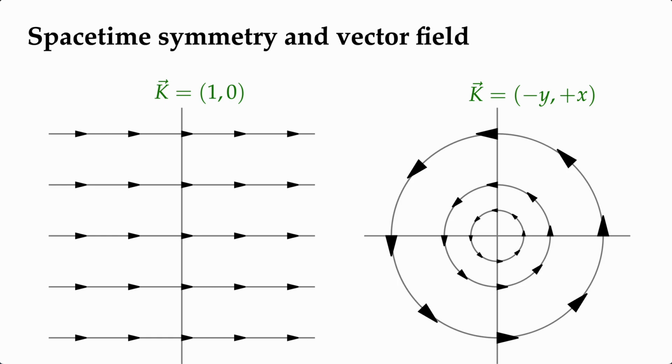From here on, we will use the symbol capital K to denote this spacetime vector associated with an infinitesimal transformation.